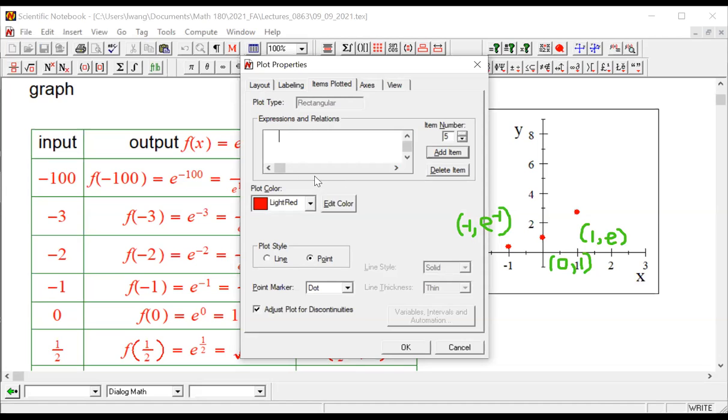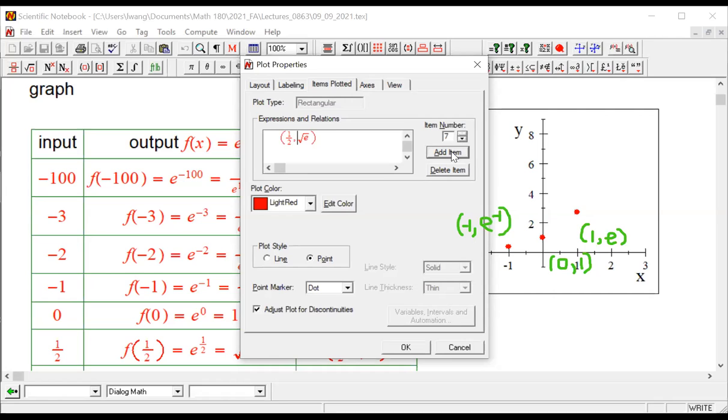Okay, mark this point in place and add another point, right? This is going to be -3 and e to the power -3. And I'm adding more points, which is a half and root of e, right?